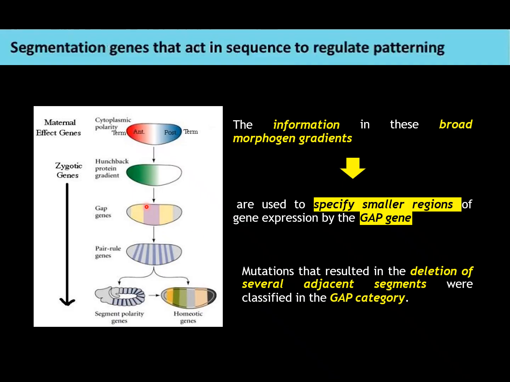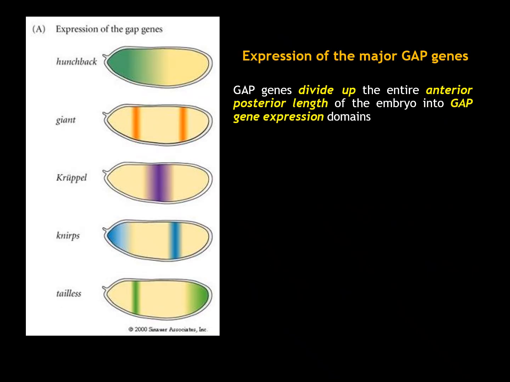So they said, okay, we're missing this segment, again we're missing this segment, and they started analyzing all of those, and then they started analyzing the patterns of expression. Now what I'm going to show you is several patterns of expression, using diagrams of some of the gap genes. Now I want you to look at these different patterns of expression. I want you to see what you find in common.